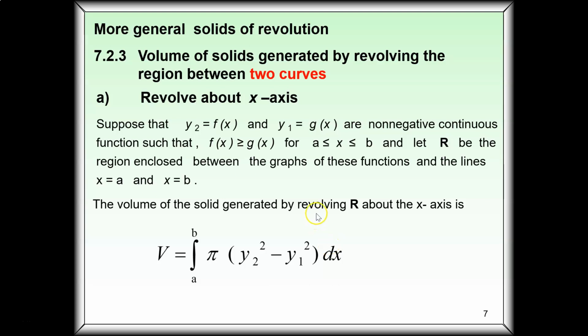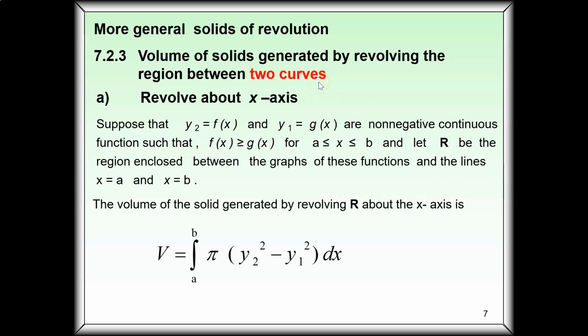Okay, now we move on to the more advanced part of volume, solid of revolution. So now we have a case where we find the volume of solids generated by revolving the region between two curves.